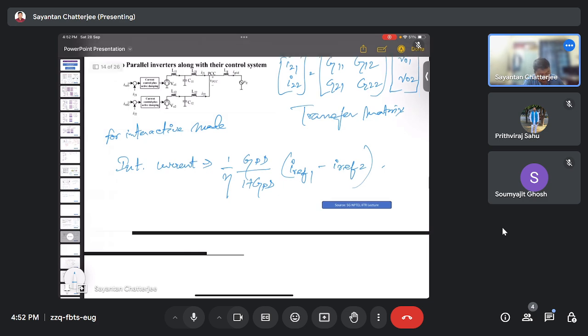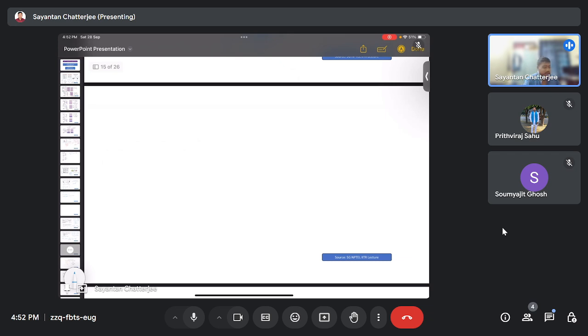Okay. So two parts are there, common current and interactive current. So the common current you can find as IF2.